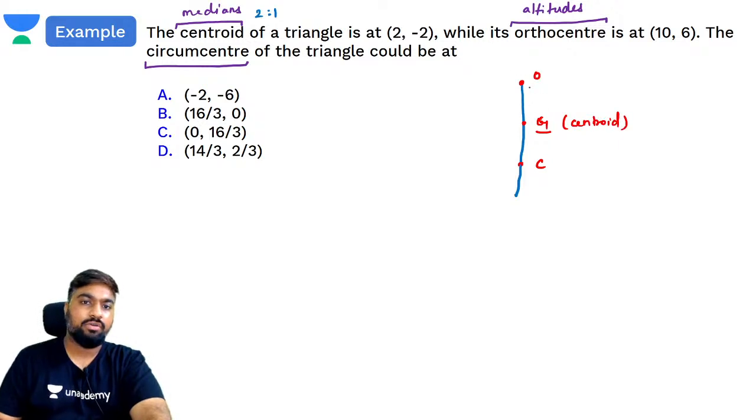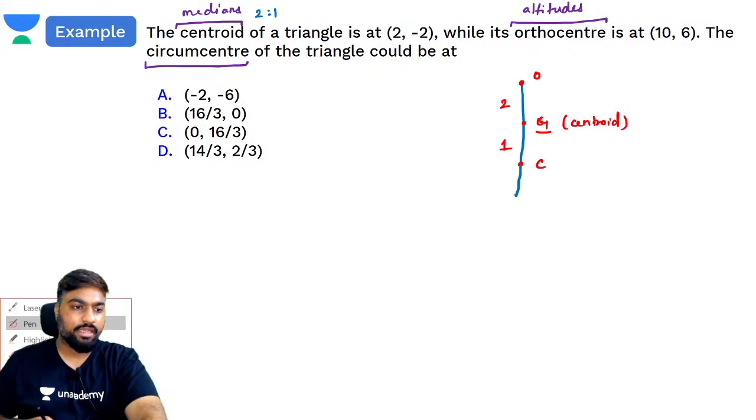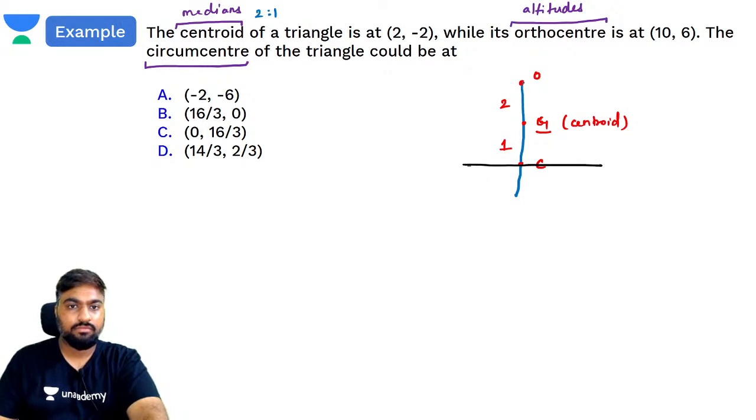Yes, तो ये G, that is your centroid. What does the centroid do? It divides this line in what ratio? 2 towards the vertex and 1 towards the side, correct? तो आपका triangle कुछ ऐसा होगा। Yeah, technically like this, but okay, कैसे भी हो, it doesn't matter.